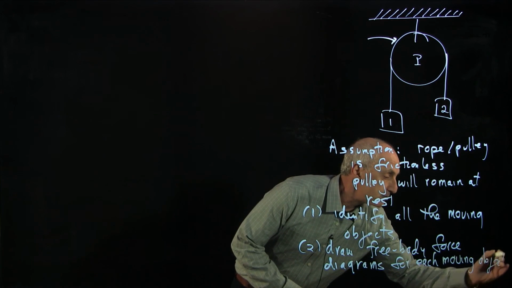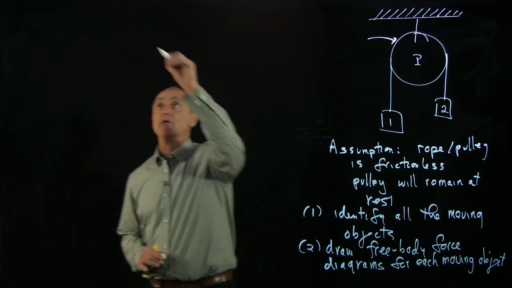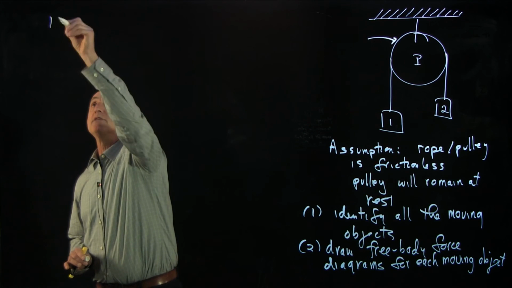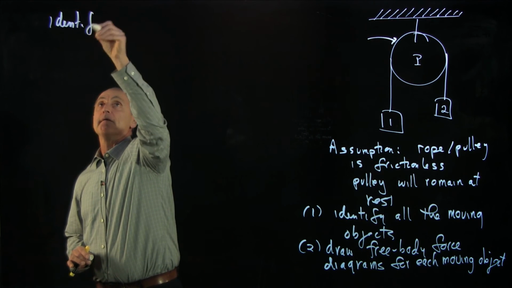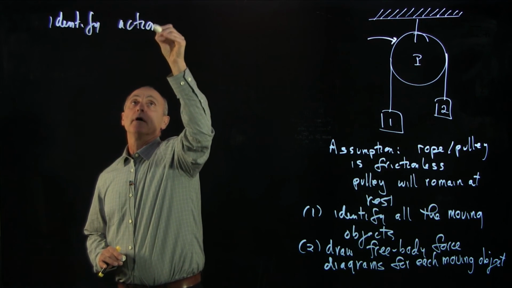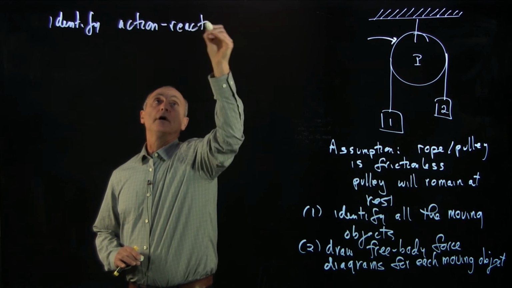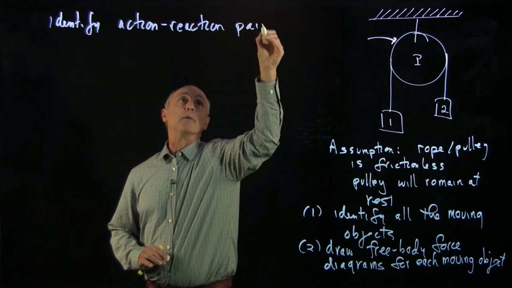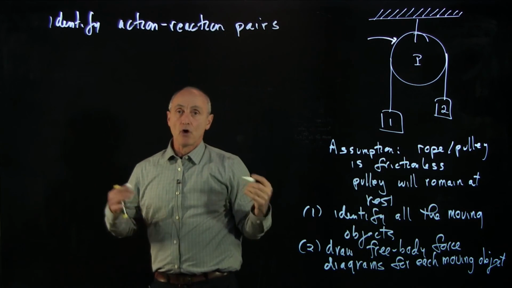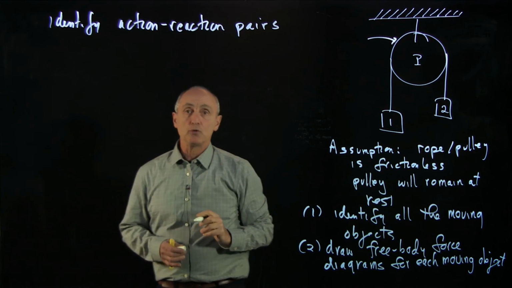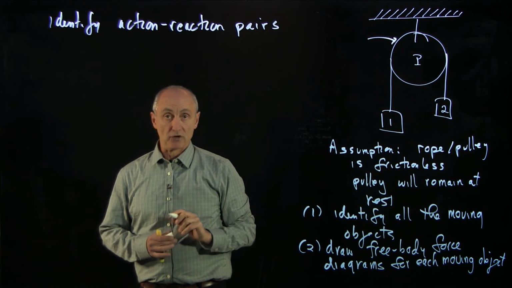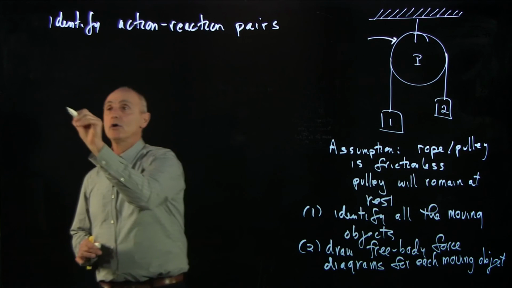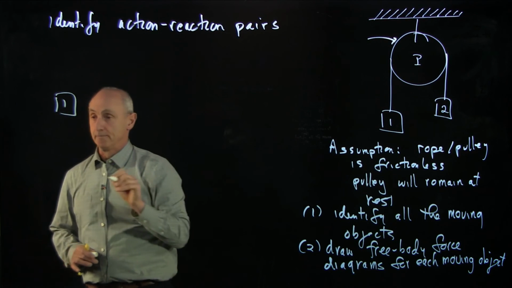Now, one of the things that I'm especially interested in talking about is to keep in mind to identify action-reaction pairs. So as I go through and draw these free body diagrams, we want to ask ourselves, what forces form Newton's third law action-reaction pairs? So what I'll do is I'll start with object 1.